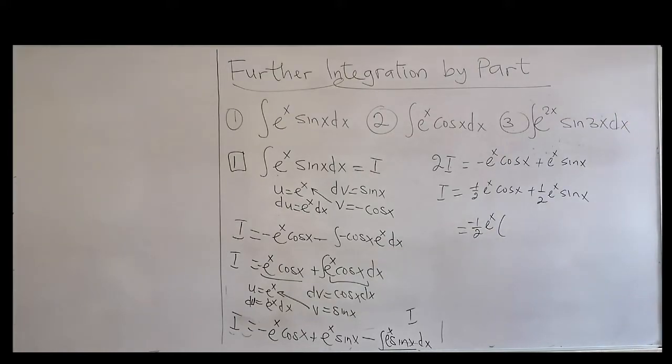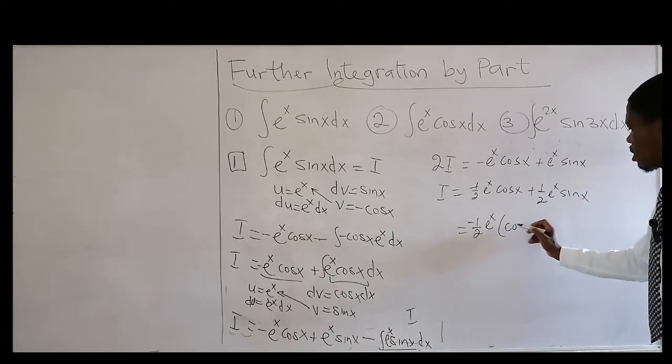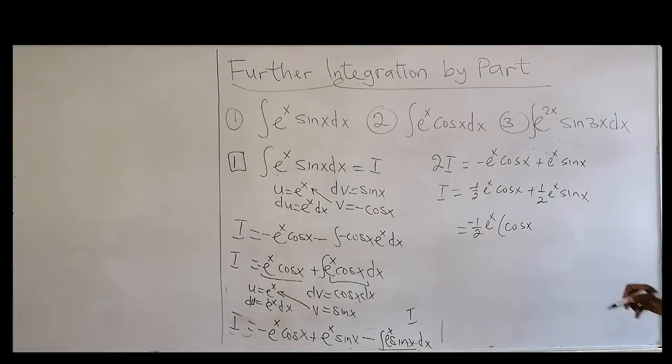If you are factorizing minus, then we can have cos x, and this is minus sin x. So plus c. So that's that on the first part.